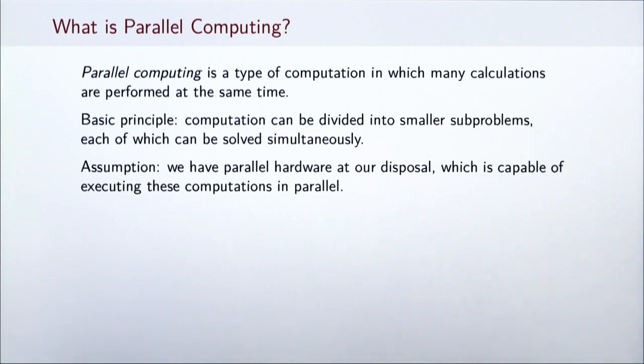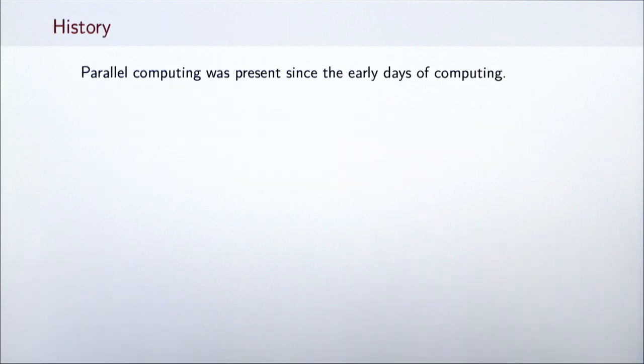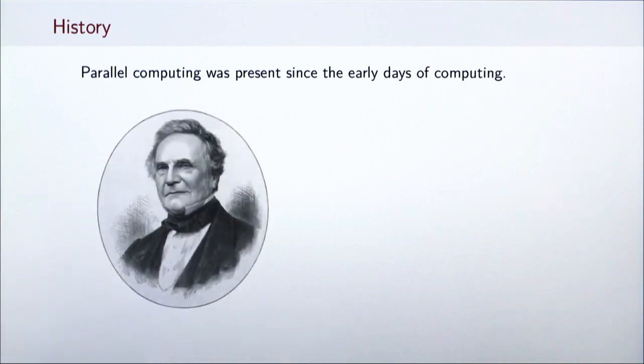Having said that, we will take a short glance into the history of parallel computing to better understand its origin. Despite its recent rise in popularity, parallel execution was present ever since the early days of computing, when computers were still mechanical devices. It is difficult to identify the exact conception of the first parallel computing machine, but we can agree on the following. In the 19th century, Charles Babbage invented the concept of a programmable computer, which he called analytical engine.